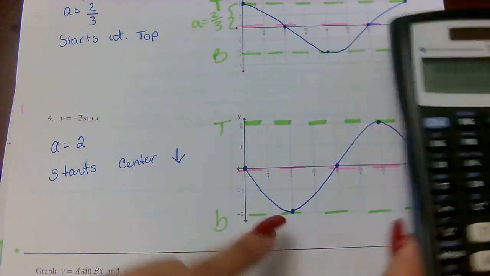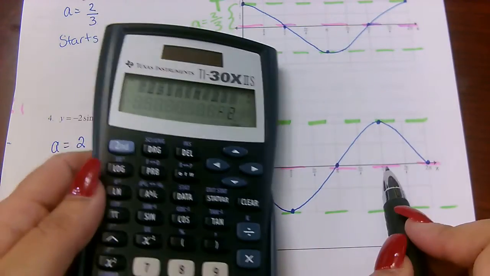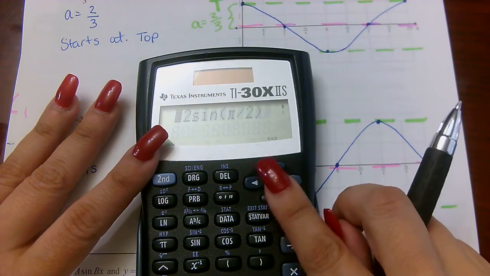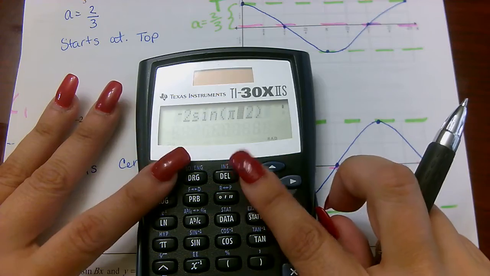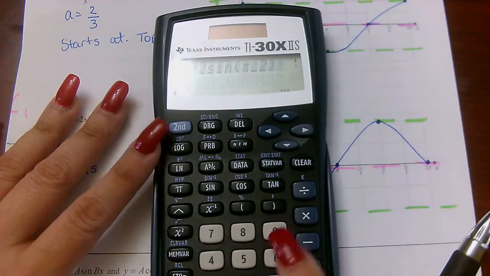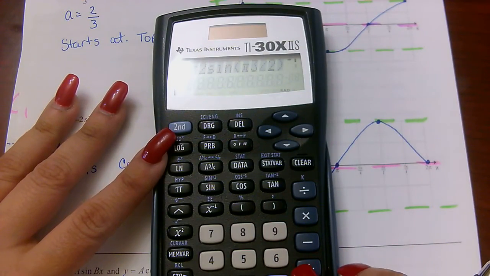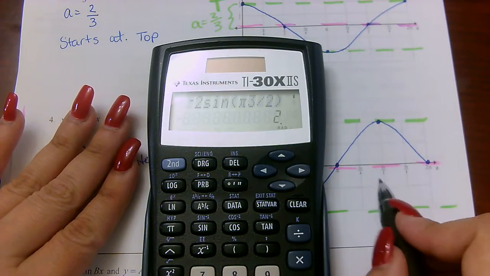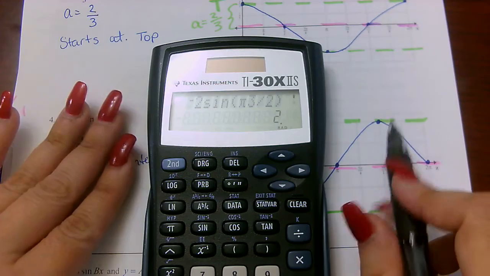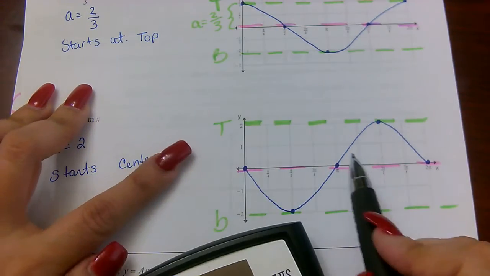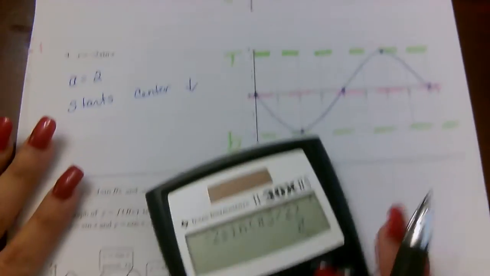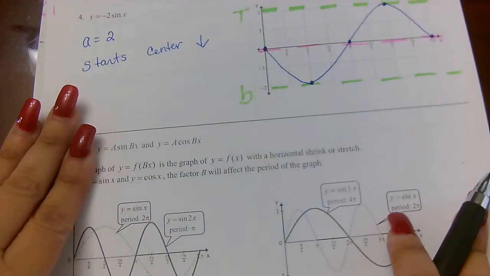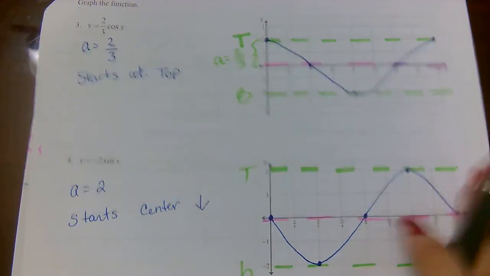I'm going to skip this one, but go to the one over here, and I'm just going to insert a 3. When I press enter, you can see that becomes 2. So when x is 3 pi over 2, you have a +2, which is right here, and so forth. So I know that this graph is correct. That's graphing the basic ones.